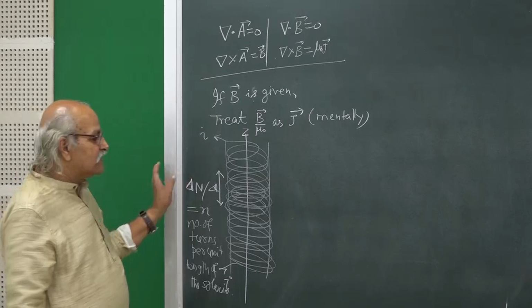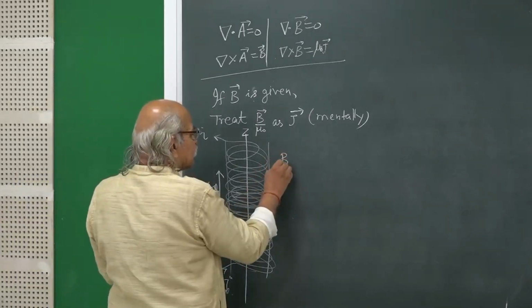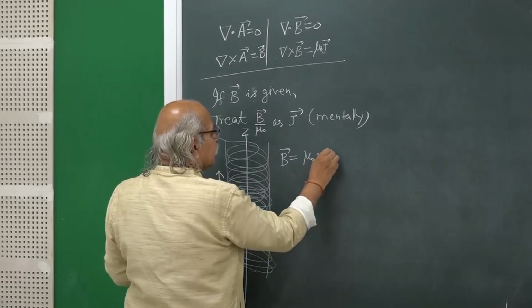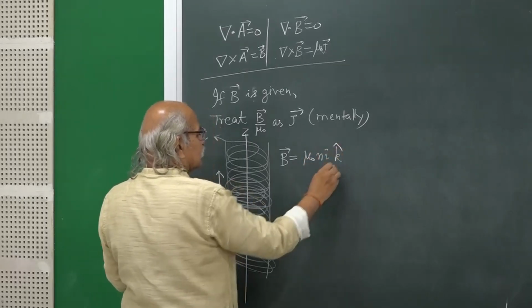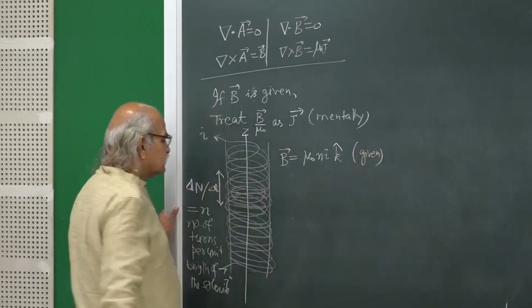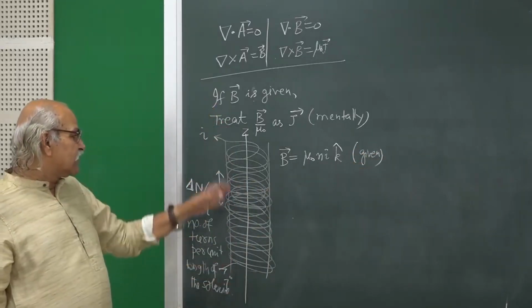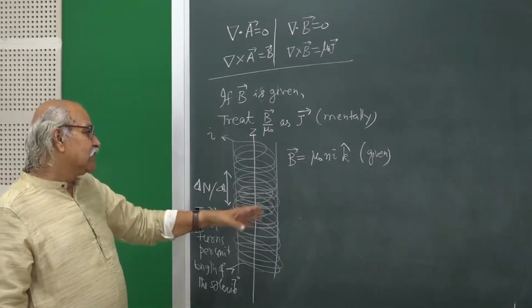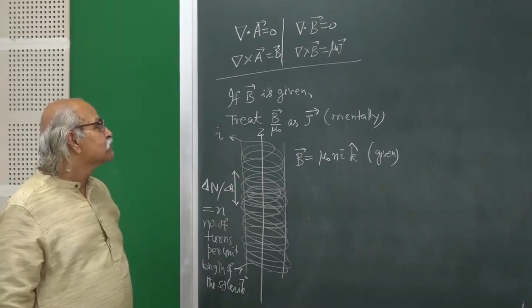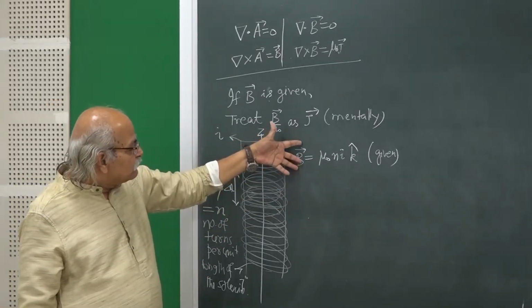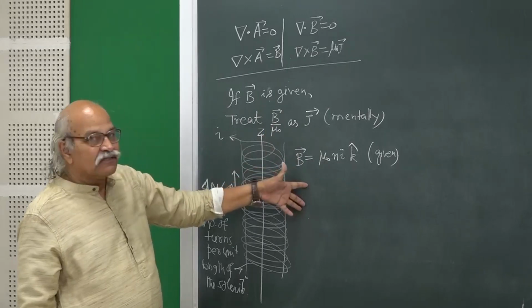So, the magnetic field here will be mu naught n I in k cap direction. This is given, given means we know it, that this much is the current and these many number of turns, and we know that this is the magnetic field, and corresponding to this magnetic field we want the magnetic vector potential.